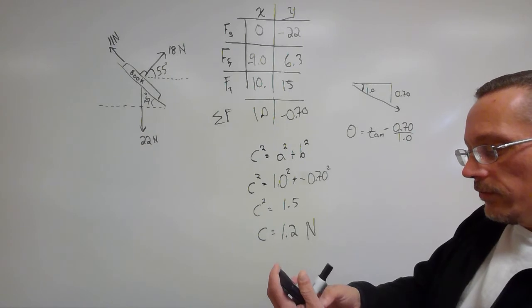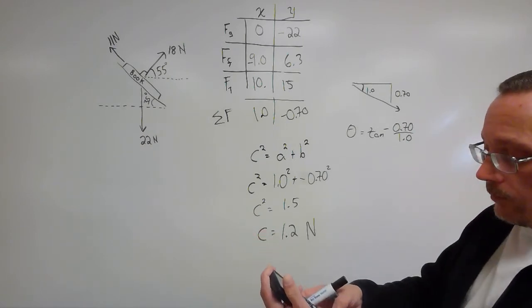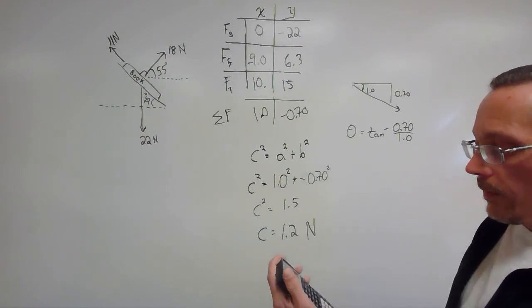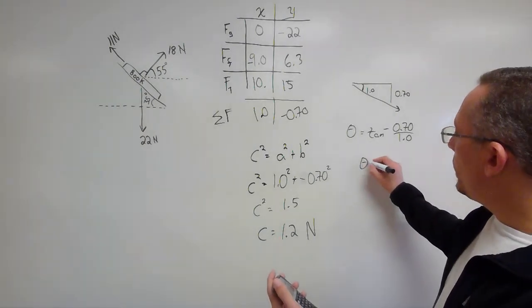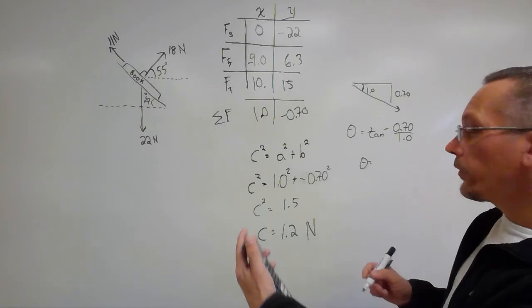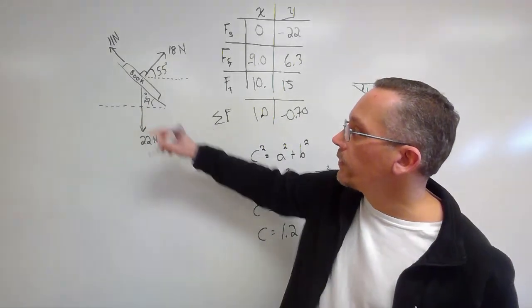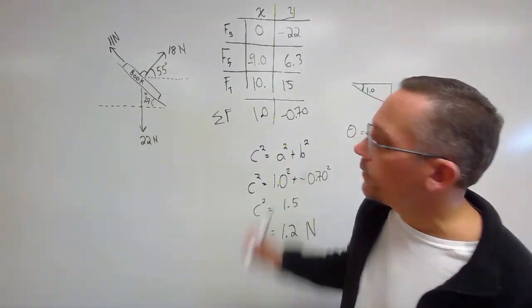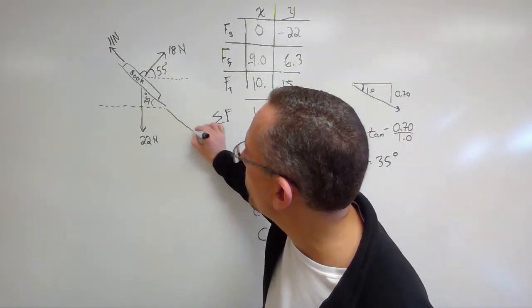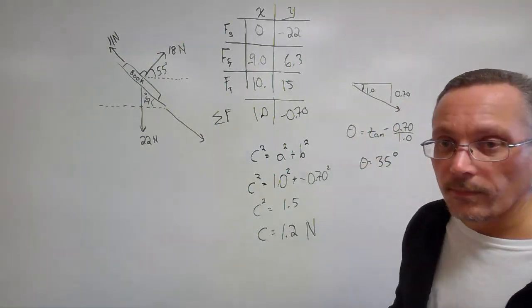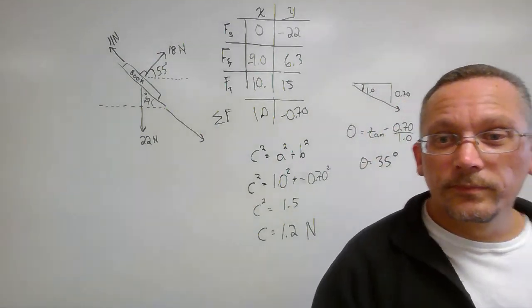So the tangent inverse of 0.7 over 1. And there we get, theta equals 35 degrees. Isn't that interesting? This one was 35 degrees, and then this one is 35 degrees. So the net force is going straight that way. Pretty cool.